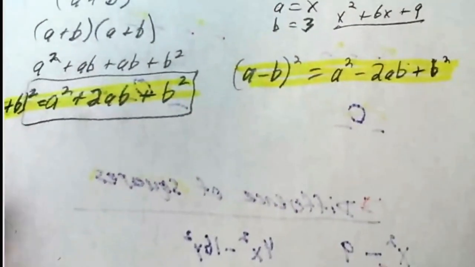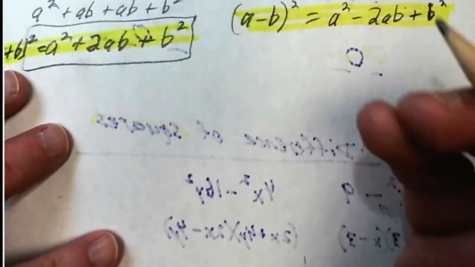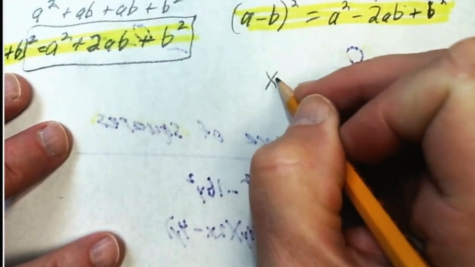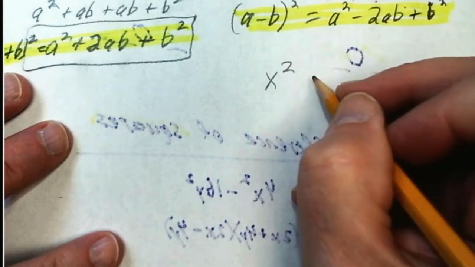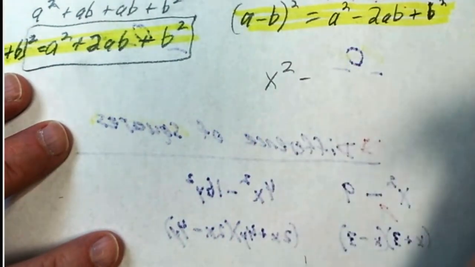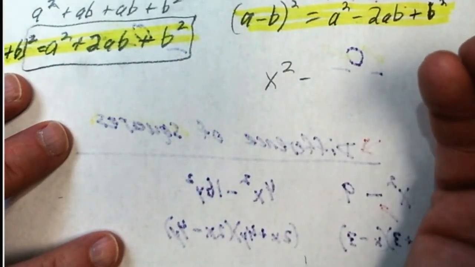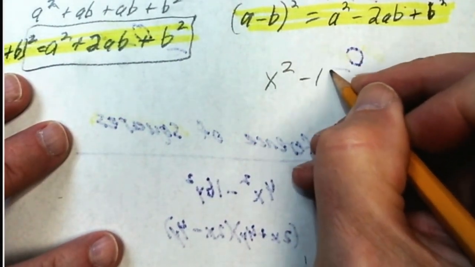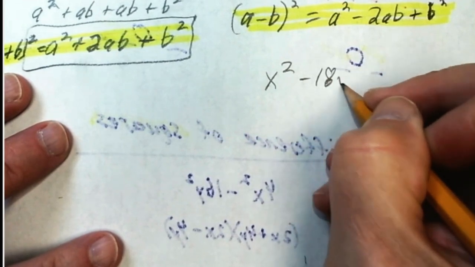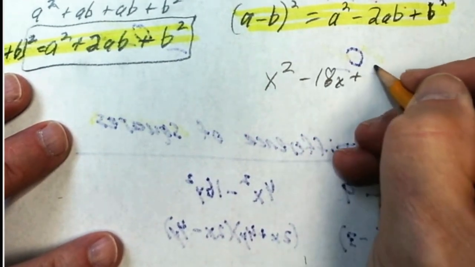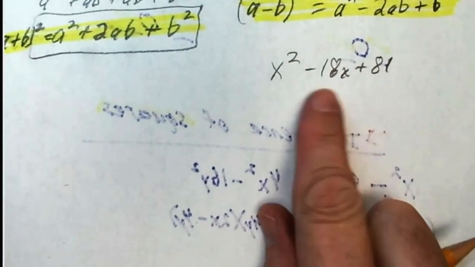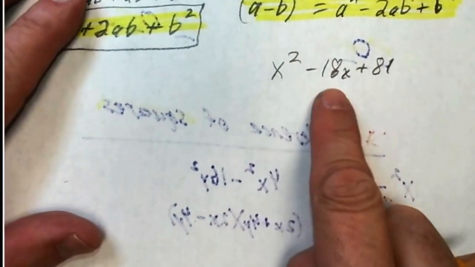So let's say we have a problem like this. We've got x squared minus 18x plus 81.